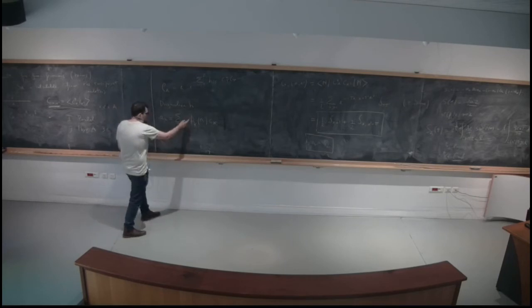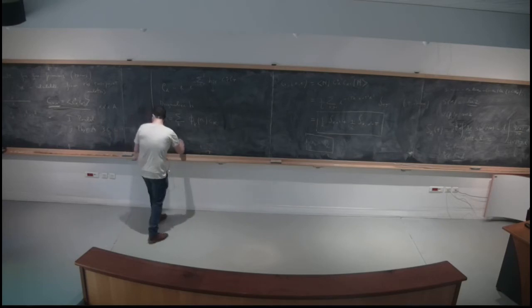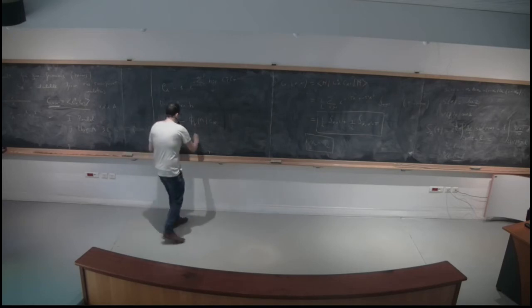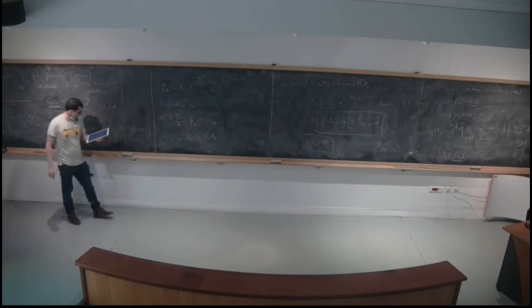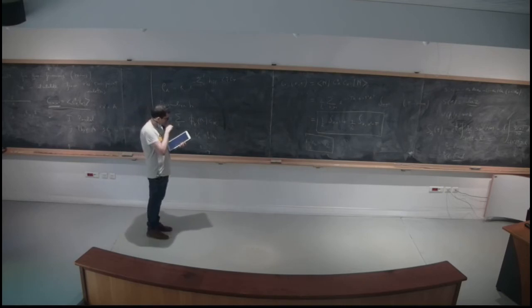By a choice of these functions, you can diagonalize the matrix H such that rho is proportional to e to the minus sum over k of nu_k a_k dagger a_k. Now this matrix rho is diagonal.